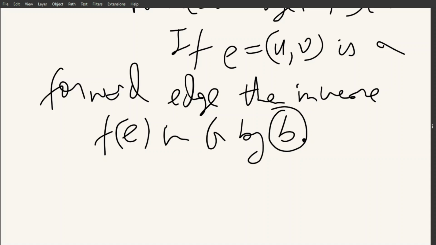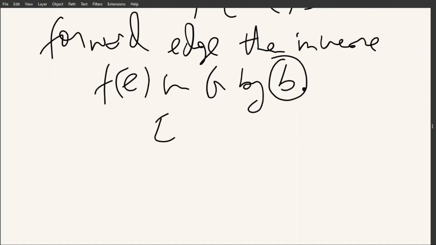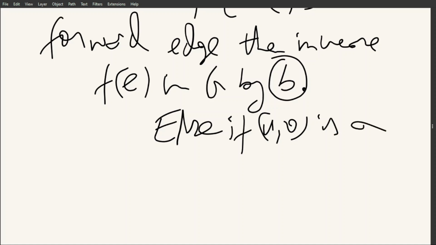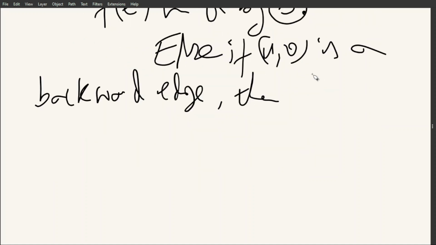and reverse, decrease the same amount in a backward edge. So the else branch, else means we have a backward edge. If (u,v) is a backward edge, then let e' equal to just call it e, (v,u).